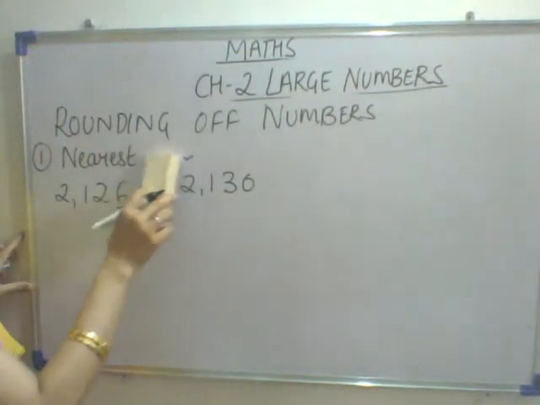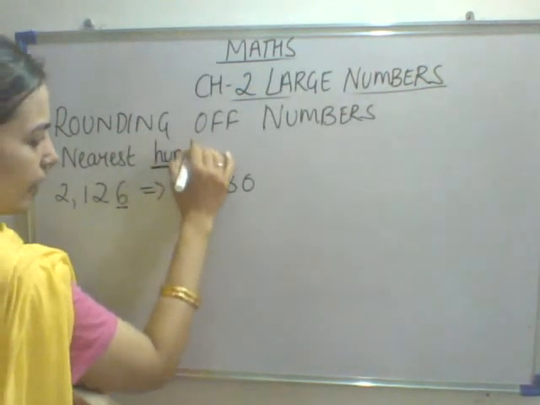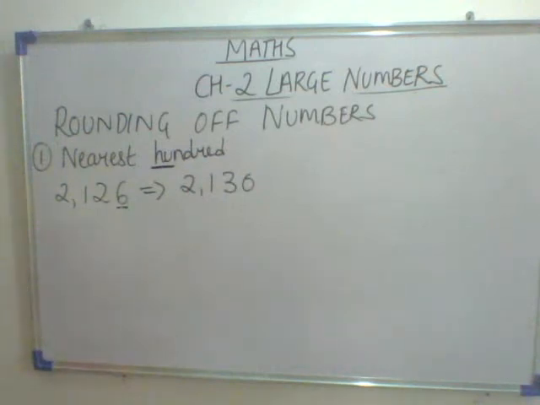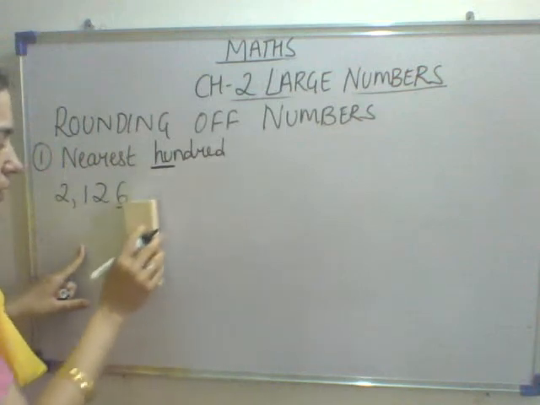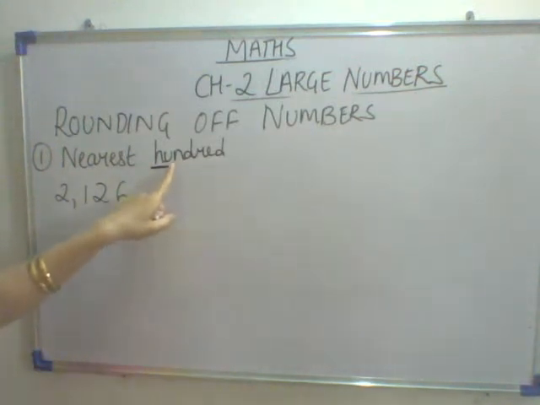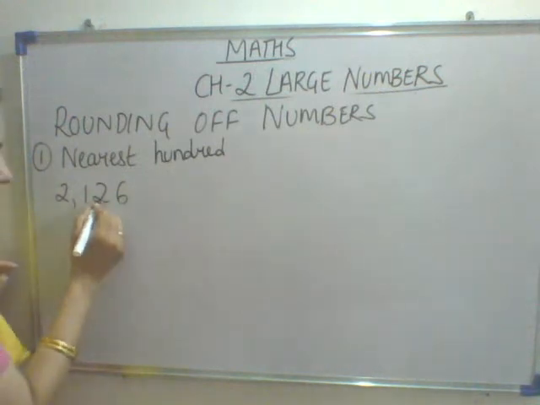What if we round the number to the nearest 100? If you are rounding the number to the nearest 100, let us take this number only. You have to see the digit at the tens place. Which digit is there at the tens place? It is 2.